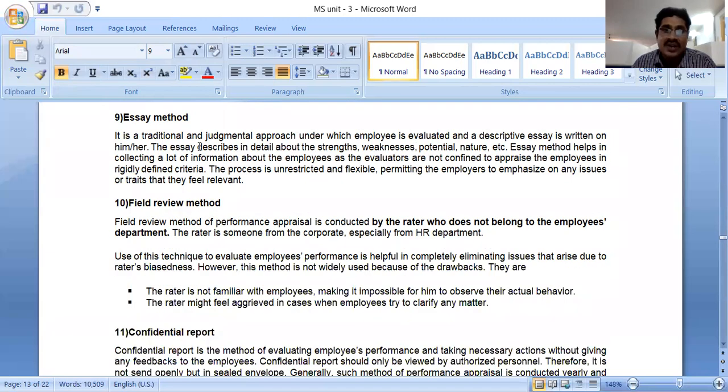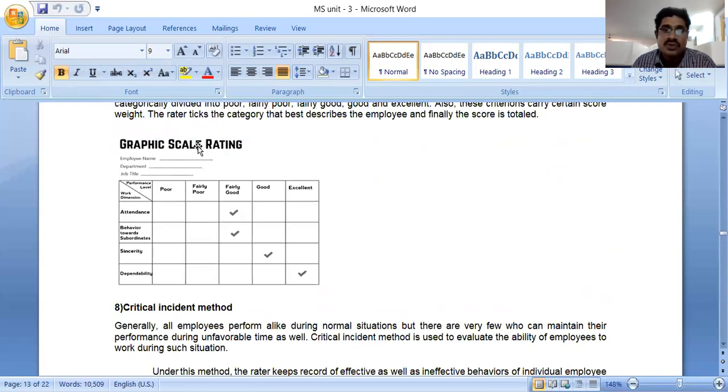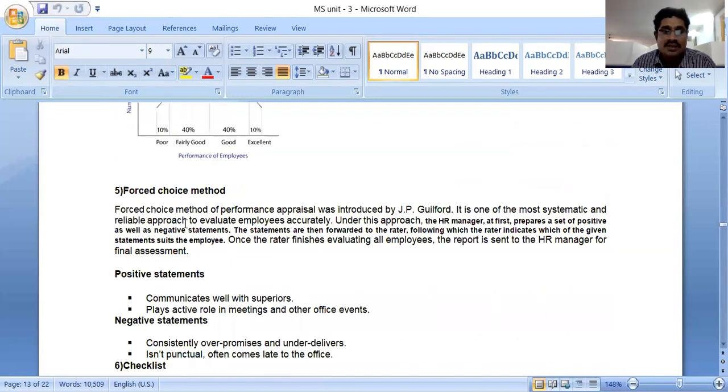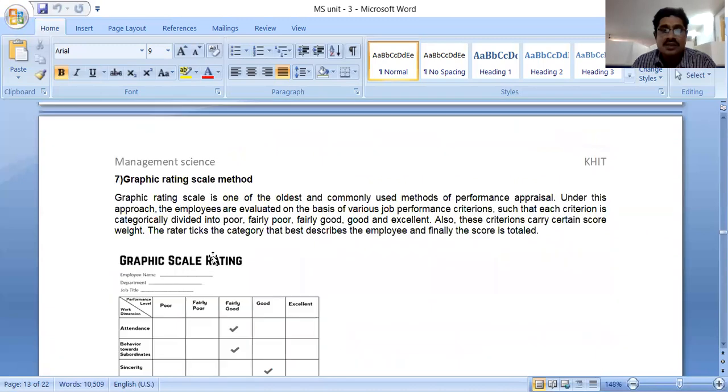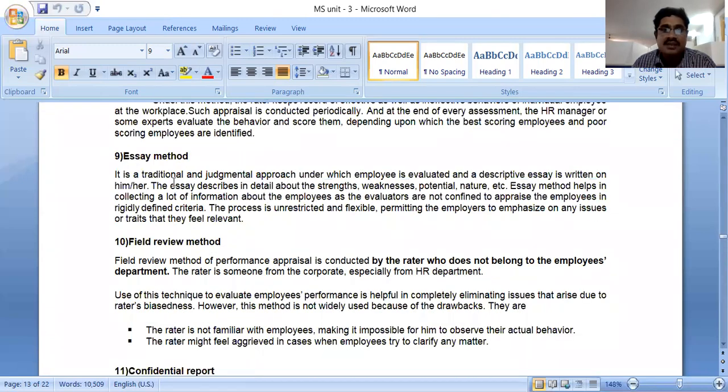Next, the essay writing method. The essay writing method is similar to the forced choice method. Here, the essay method is used by the hierarchy to write a paragraph about his subordinates' behavior and performance.